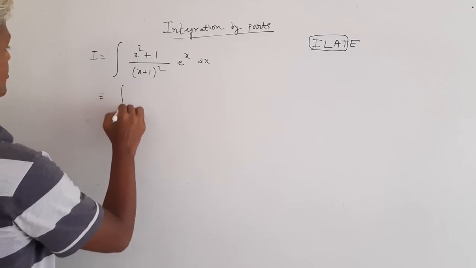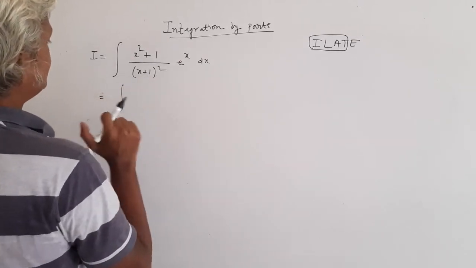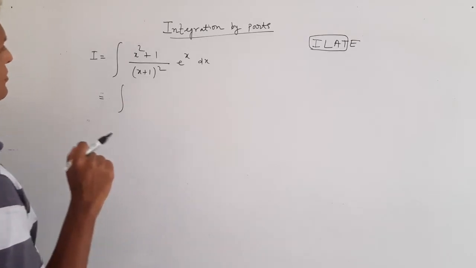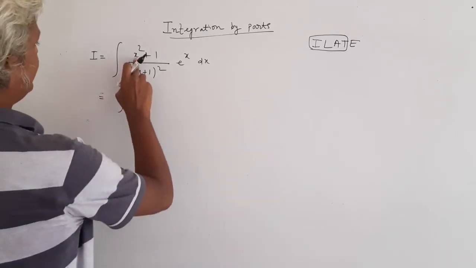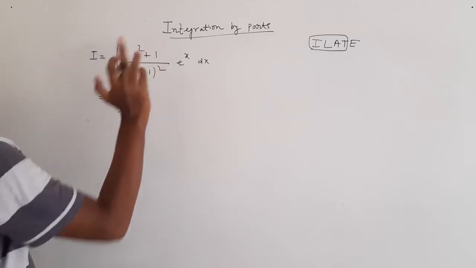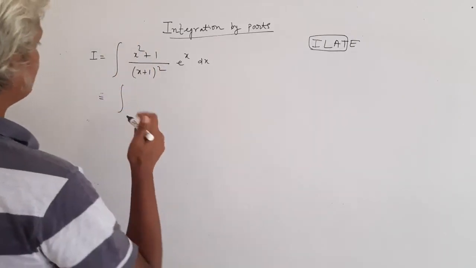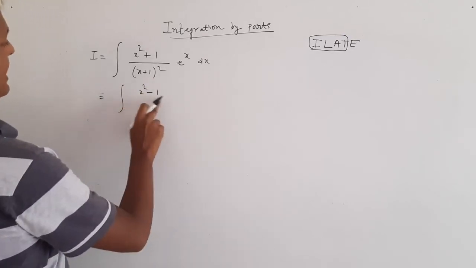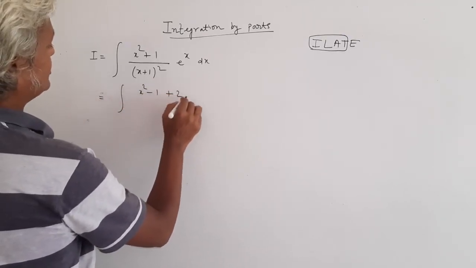So how? So we see x plus 1, it means we need something of the type x square, x plus 1 or x minus 1. But we have x square plus 1, this cannot be factorized, so we need x square minus 1. So first let's get this one, x square minus 1. I am just adding, manipulating, so this is plus 2.